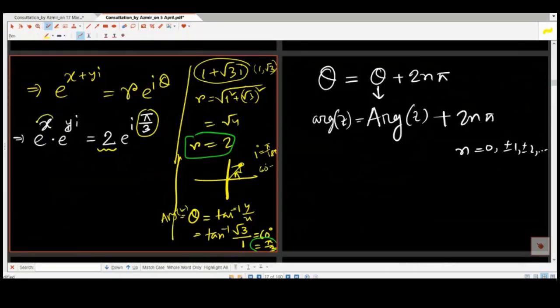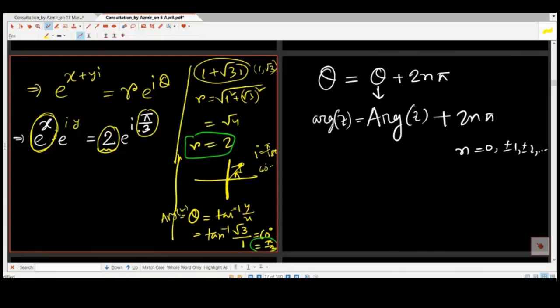Similarly, on the left side we can think about this is the modulus and this is the argument. So let me write in a convenient form. We have e to the x, and y. So since this is the modulus, this will also be the modulus.